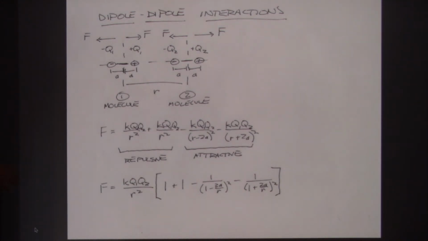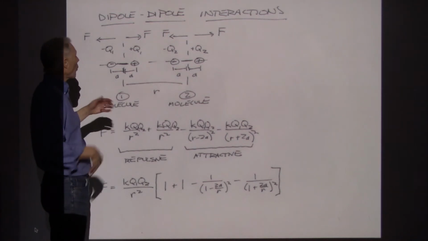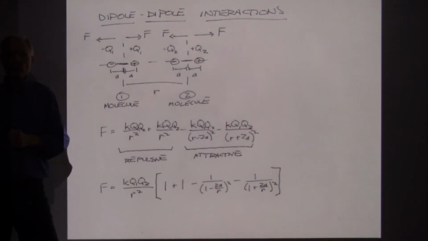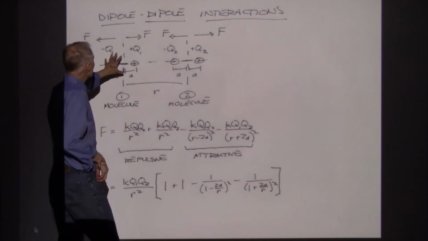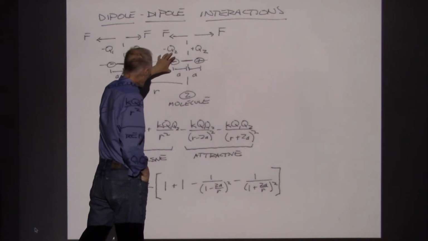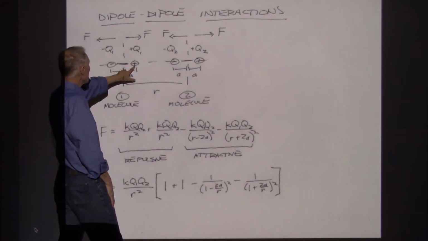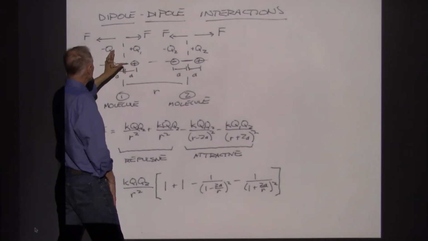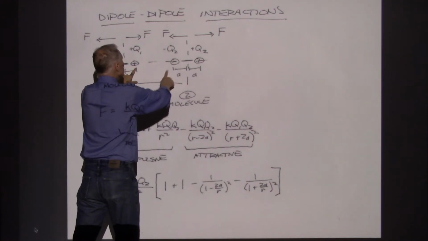Just as an example of how water molecules might interact with each other, or any other molecules that have dipoles, let's say that we've got a water molecule here, and we have a water molecule here, and they happen to be lined up so that the positive end of one molecule is closest to the negative end of another molecule.